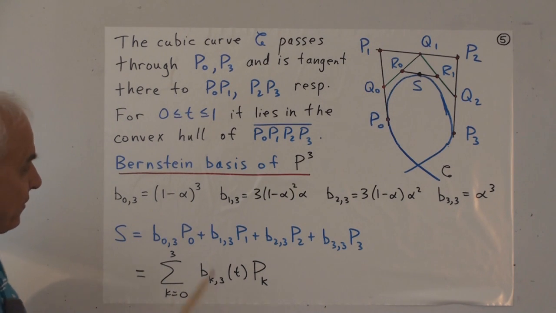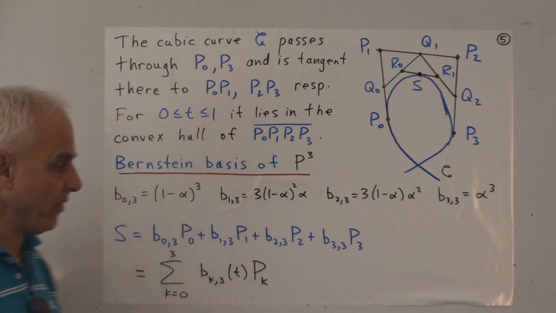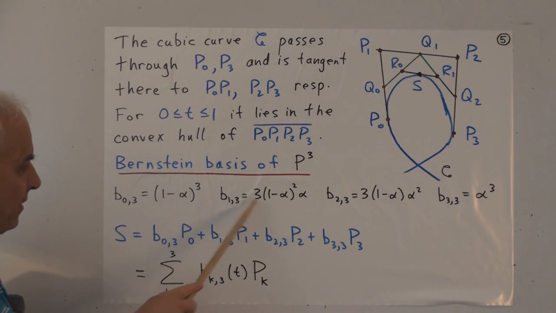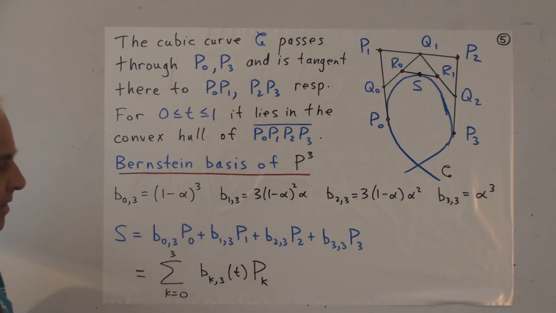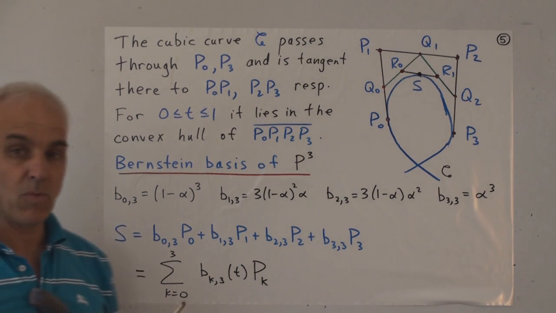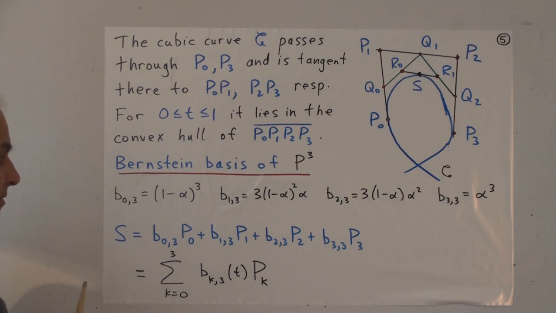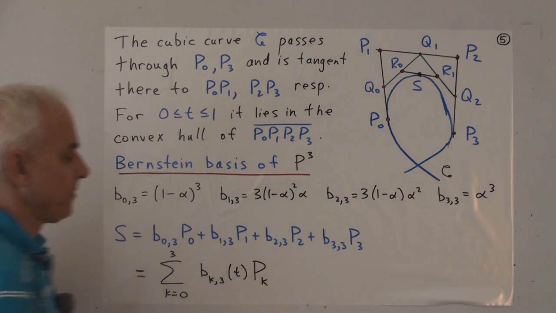As I've already remarked, the four coefficients are in fact the Bernstein polynomials B03, B13, B23, and B33. So these are discussed in Wildberger's Algebra 21. Please have a look if you don't remember. And they're of degree 3. That's what the second index means here.